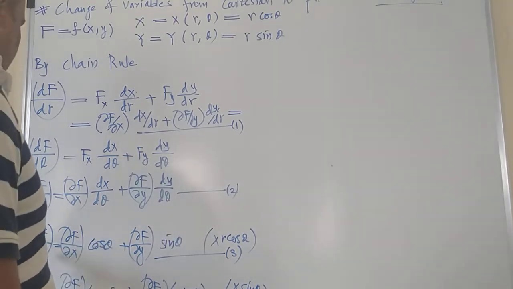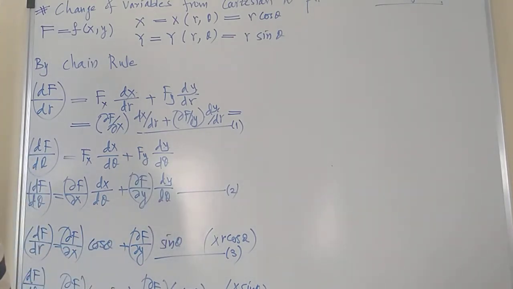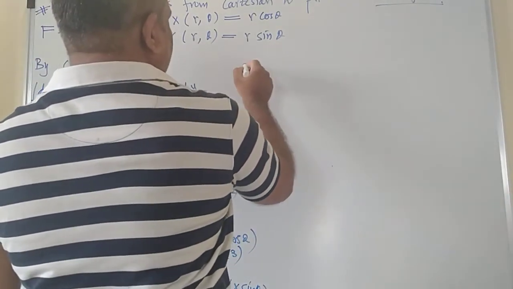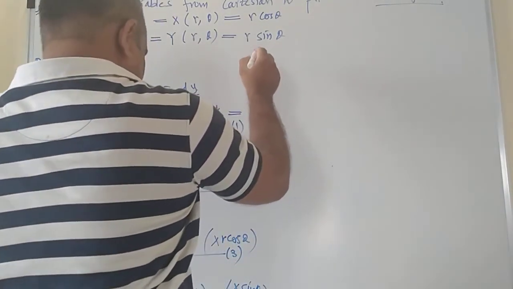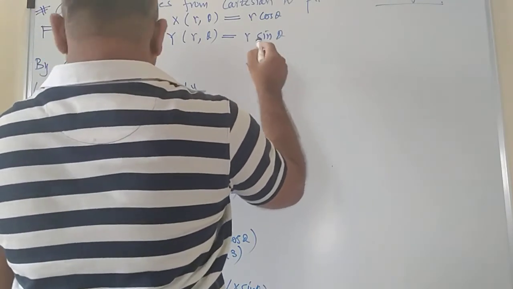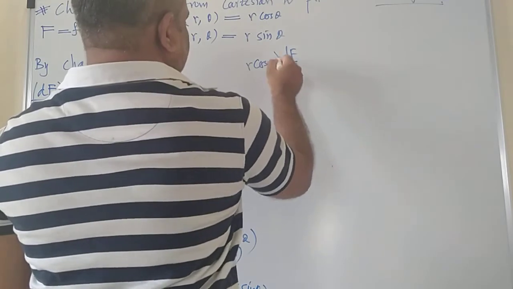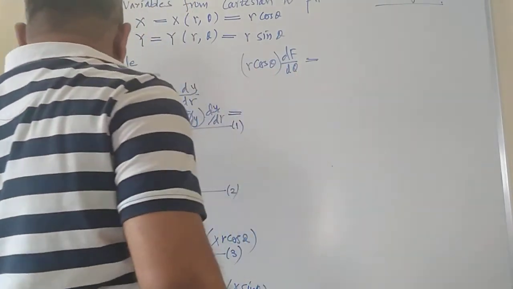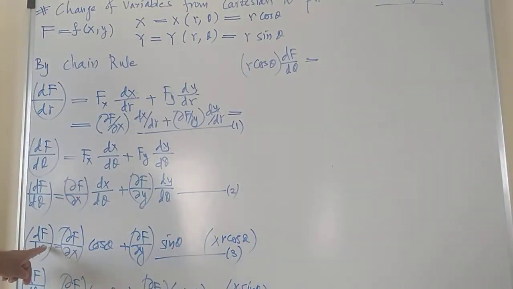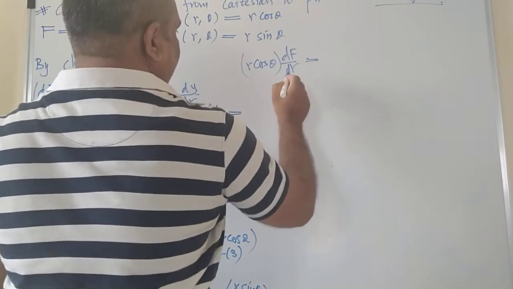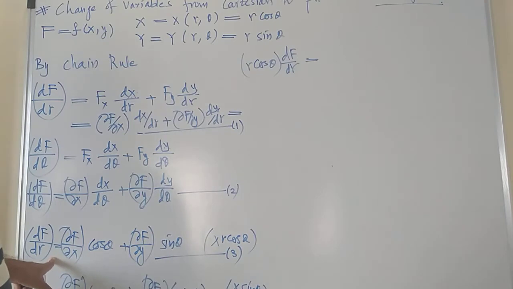So this equation number 3 will become, after multiplying by r cos theta, you will get r cos theta into, let me put it in bracket, df by dr, not theta here, df by dr into r cos theta.